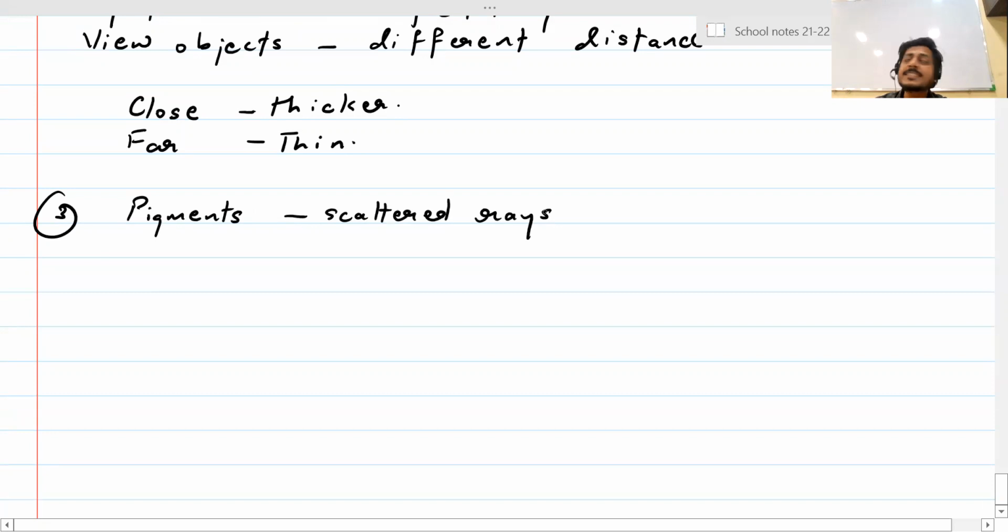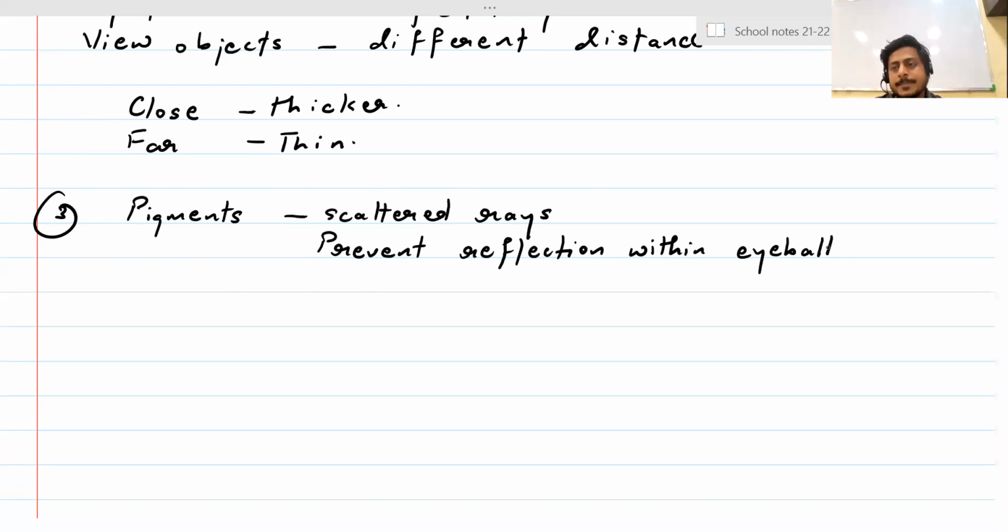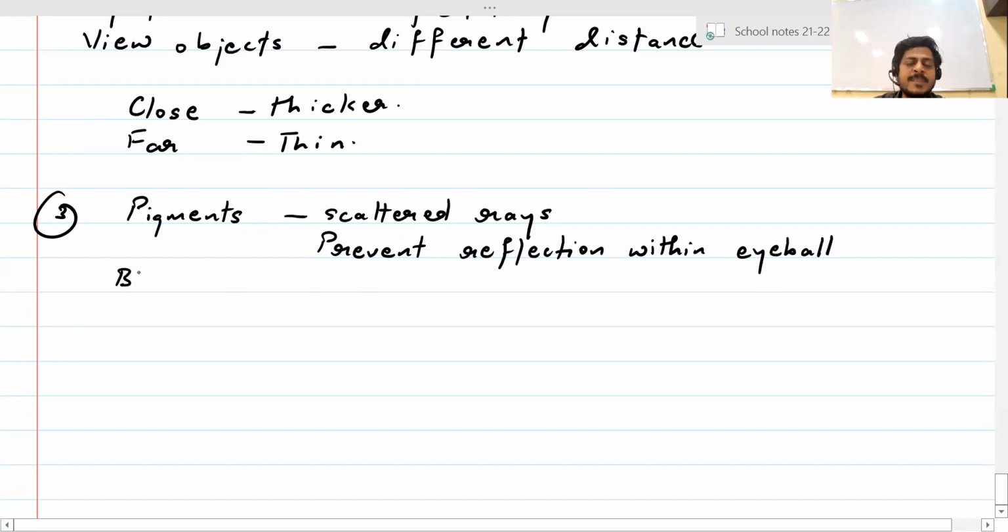Basically, it will prevent reflection taking place within the eyeball. The second function is nourishment. It nourishes the inner layers of the eye through its blood supply.